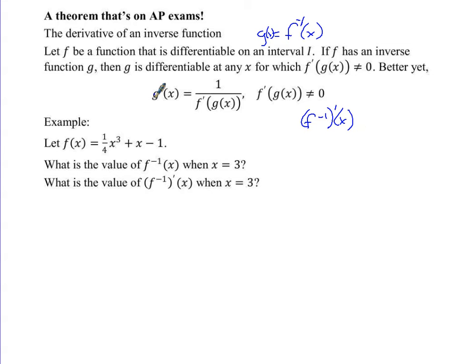Because g of x is f inverse of x. Therefore, g prime of x must be f inverse prime of x. Okay. Equals. We still have the 1 over f prime of x, or f prime, still is f prime of what though? F inverse of x. Good.